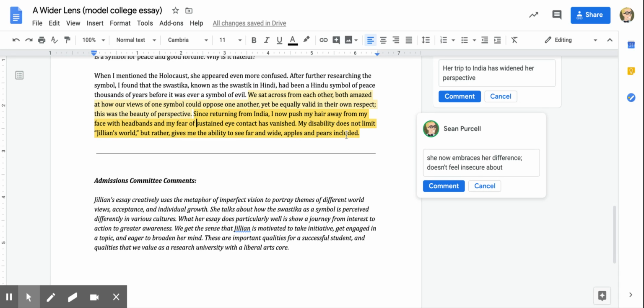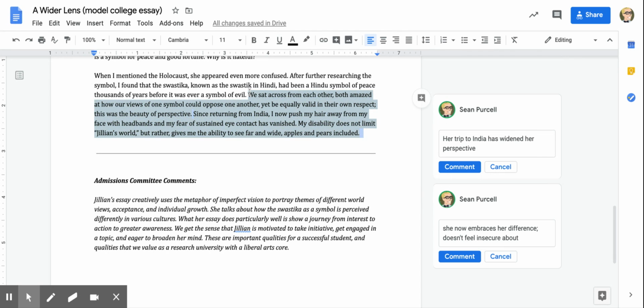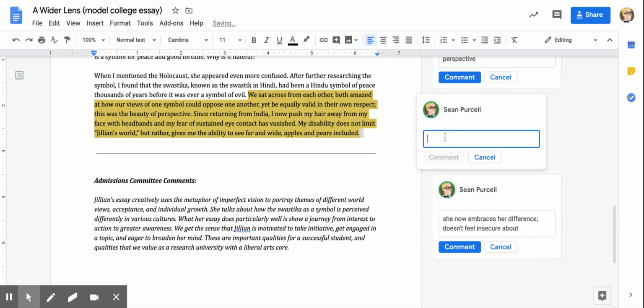Also, the point of Jillian's essay comes at the very end of the essay. It's not at the beginning. It's not a thesis statement at the end of the introduction. It's all the way at the very end of the essay. And that's because, I'll write this down here real quick.